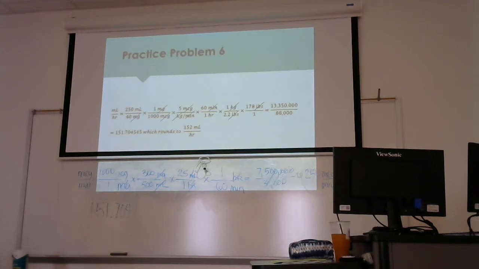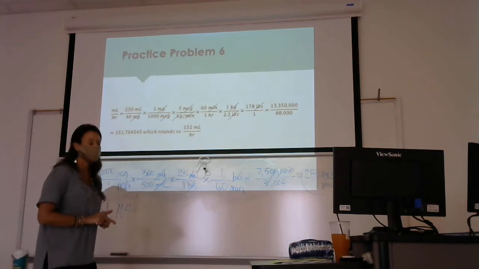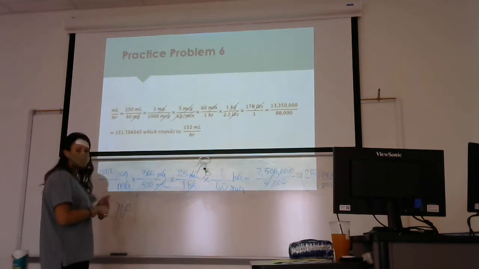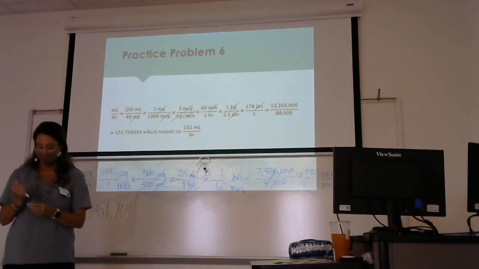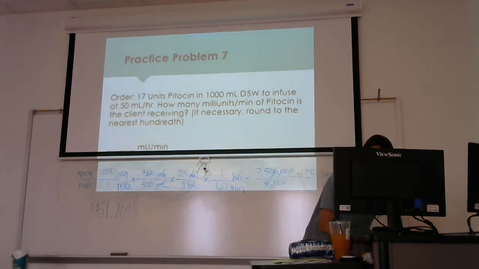Okay, then go to your problem, and it asks you to round to the nearest whole number. Look at your question, 151.7. We look at the 7. It rounds to 152. Okay? I'm going to show you why that's important.